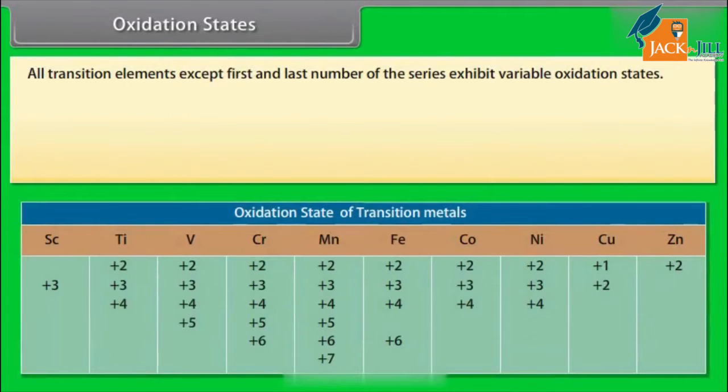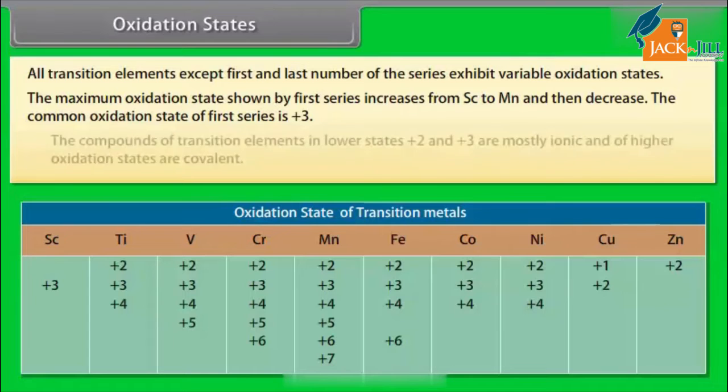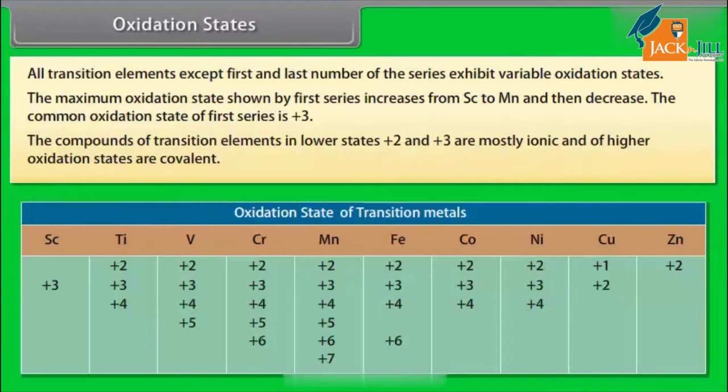Oxidation states. All transition elements except the first and last members of the series exhibit variable oxidation states. The maximum oxidation state shown by the first series increases from scandium to manganese and then decreases. The common oxidation state of the first series is +3. The compounds of transition elements in lower states +2 and +3 are mostly ionic and those of higher oxidation states are covalent.